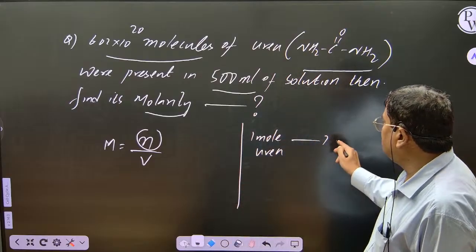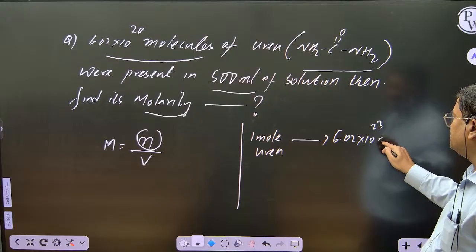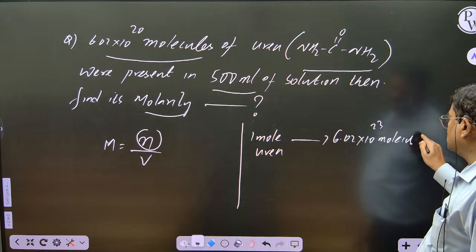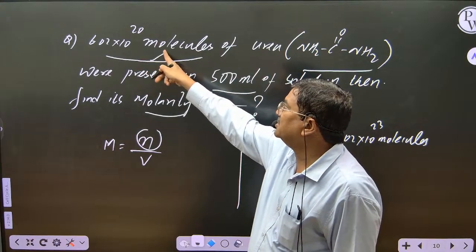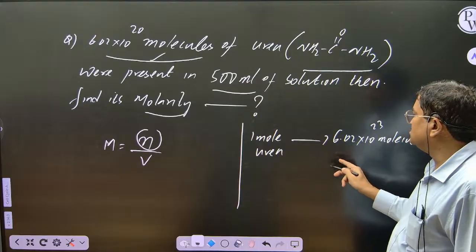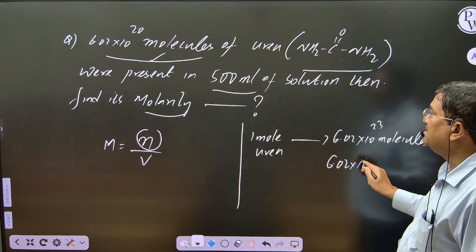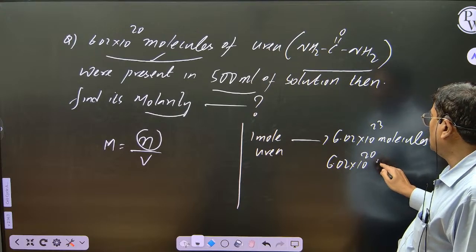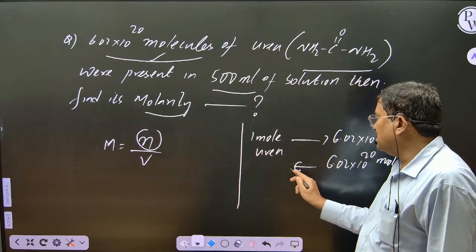But in the question, how many molecules are given to you? 6.02 into 10 power 20. So if 1 mole has this many molecules, to get the number of moles, what do you do? The given molecules you divide by Avogadro's number. Are you following, students?